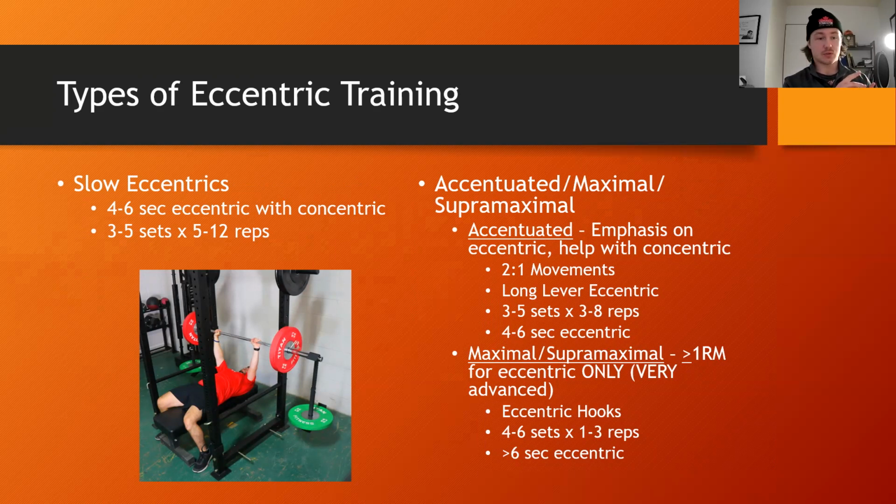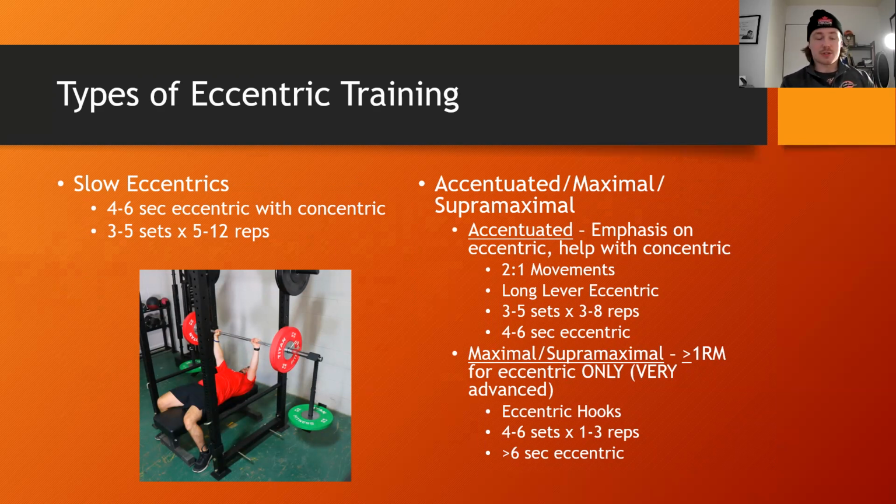And two, you're probably not going to be able to use a substantial load to really get the benefits of the eccentric training. So typically, a longer duration eccentric means fewer reps, a shorter eccentric means more reps, just in principle.